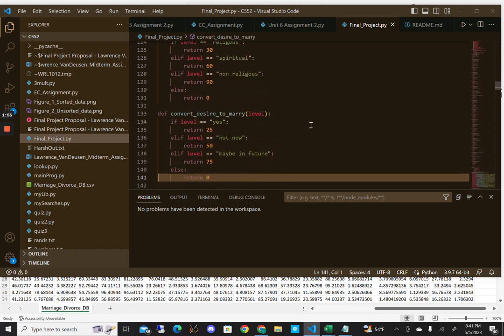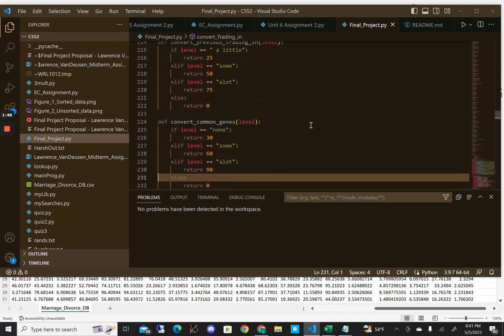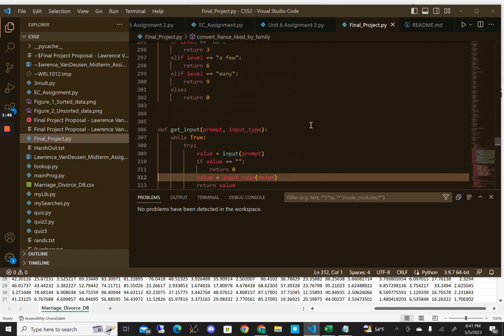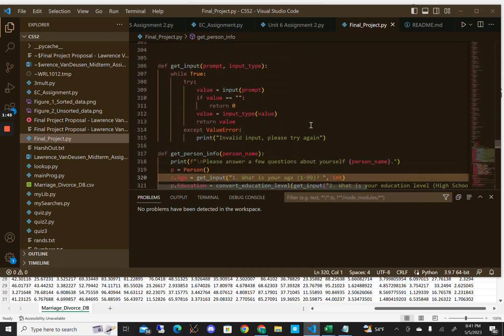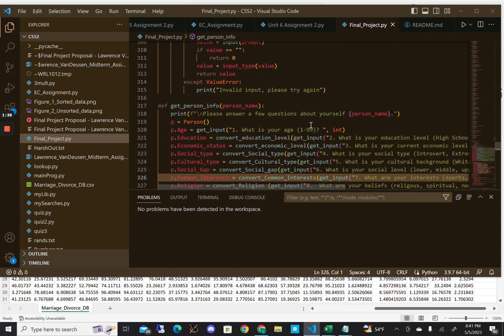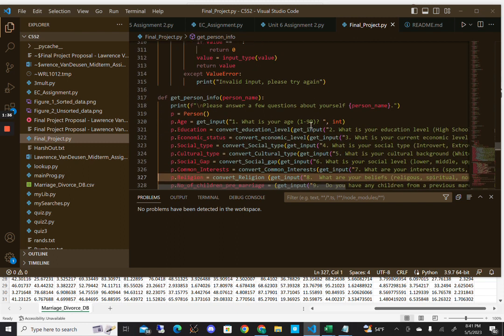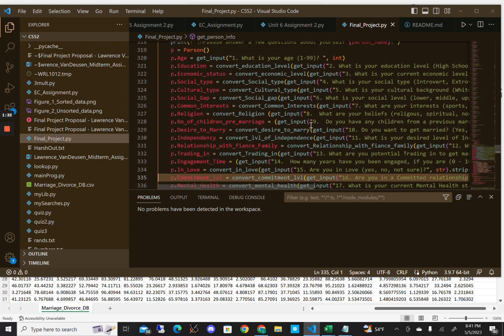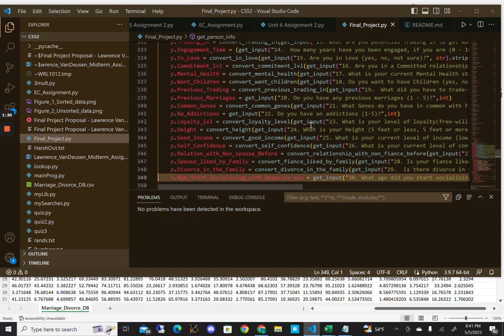So each of these has different values that I would call the functions. And then the main program kicks off by getting the input, doing some error correction, and then looking at this get person info, which prompts the user to input first data about themselves, and then it asks questions about their particular spouse.